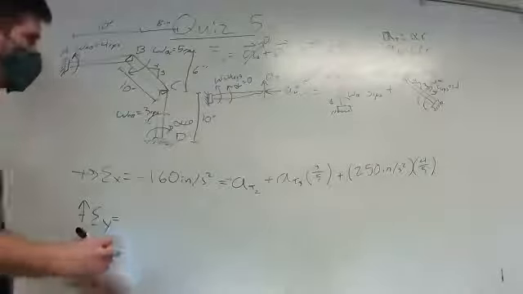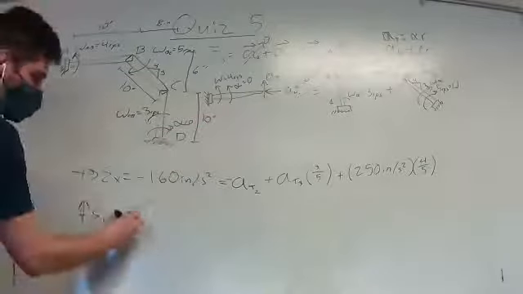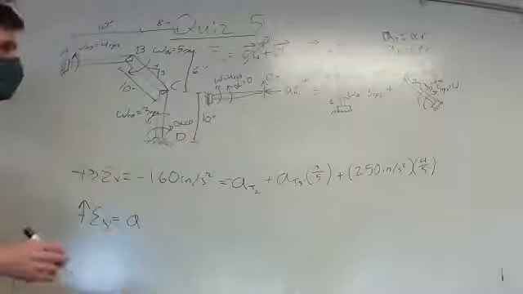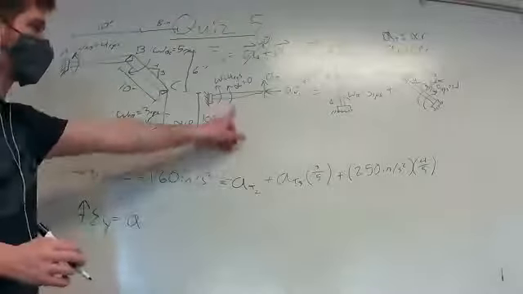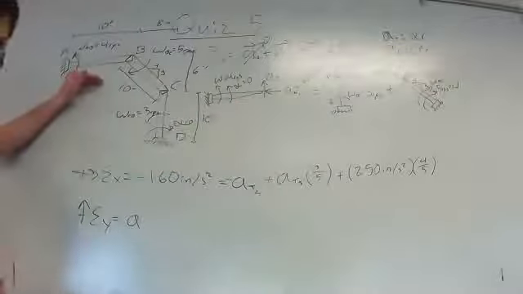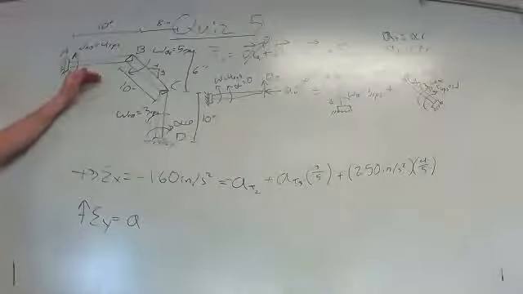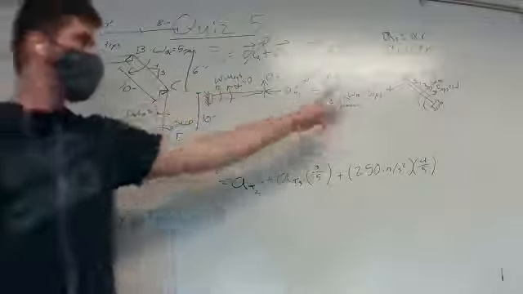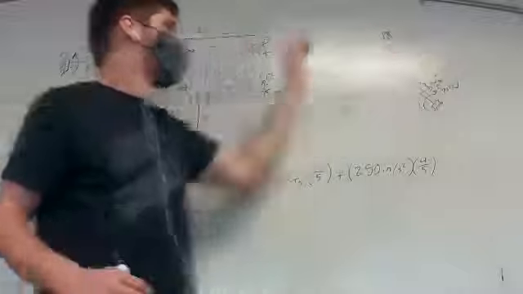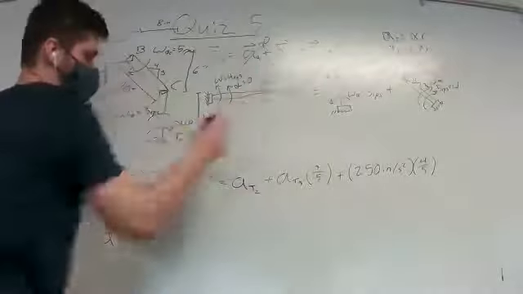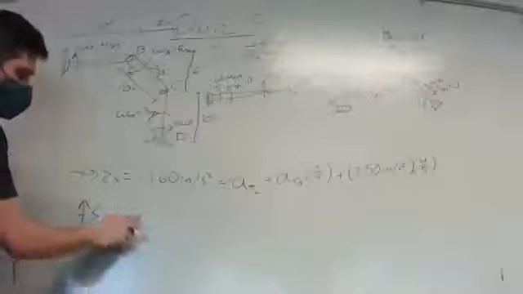Second equation, the sum of the forces on the Y, we're going to have AT1, except we know that the angular acceleration here is 0, because like we said at the beginning, AT is alpha times R, so AT is 0 as well.